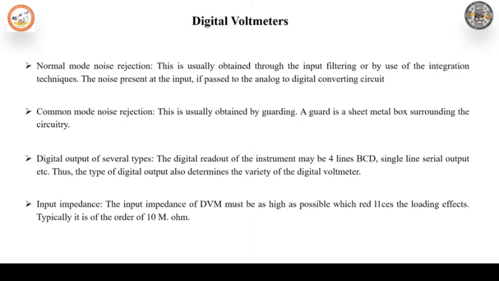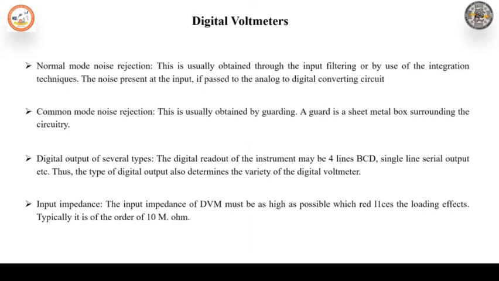The next performance parameter is common mode noise rejection. This is usually obtained by guarding. A guard is a sheet metal box surrounding the circuitry. A terminal at the front panel makes the box available to the circuit under measurement.